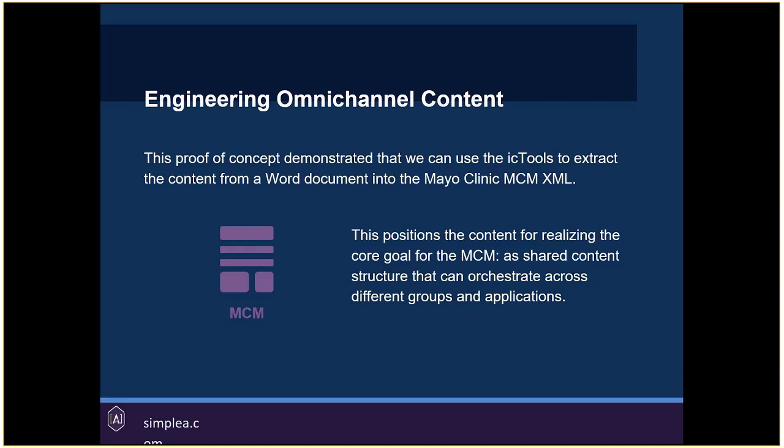And this is an exciting and really valuable step forward for the implementation of our master content model, because it means we can take the content from the author's familiar authoring environment and get it into our abstract orchestration layer, such that we can facilitate the kinds of mappings to the downstream systems that we want.